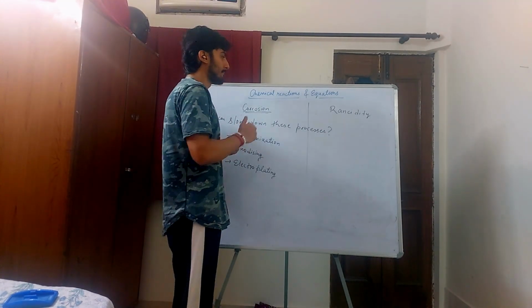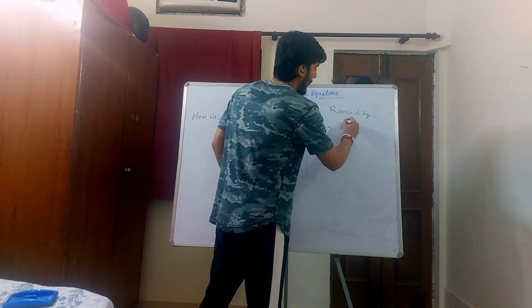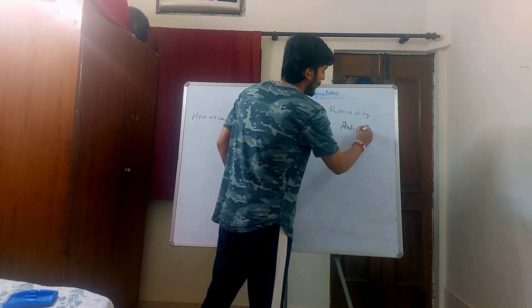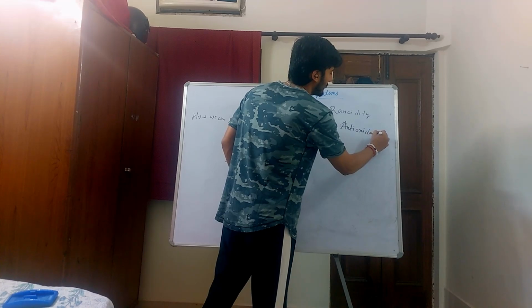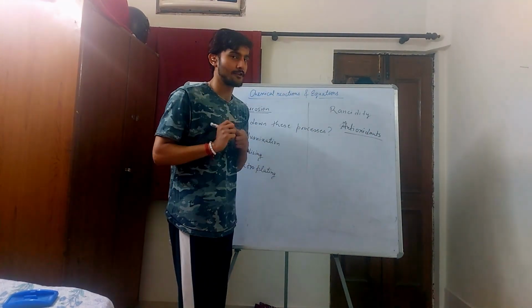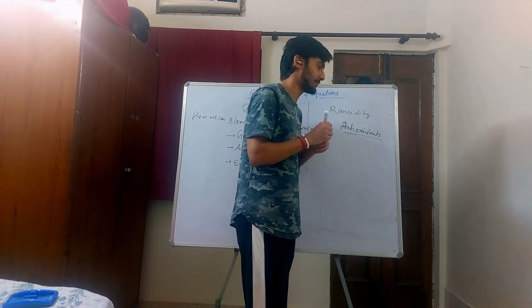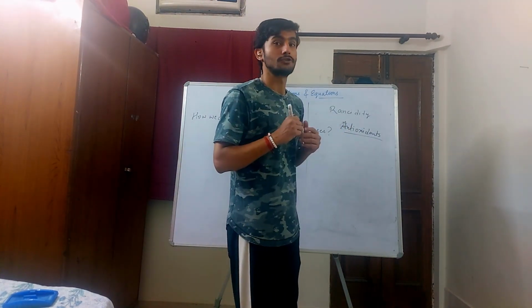Okay. Then here we call it as antioxidants. So just like antiviruses, right? You know about antivirus, which kills the virus. But here it's not killing, it is just slowing down the process, because we cannot stop these.